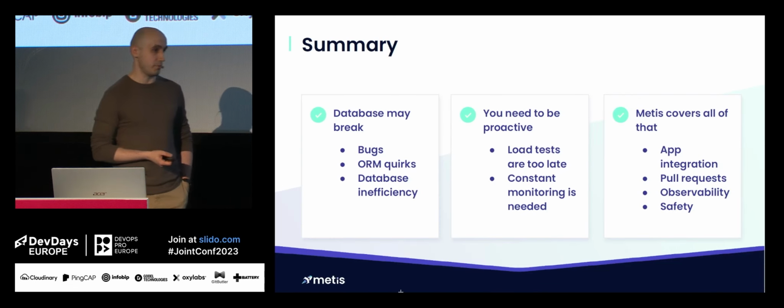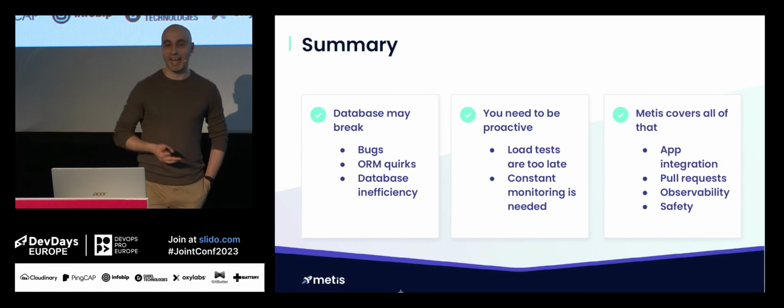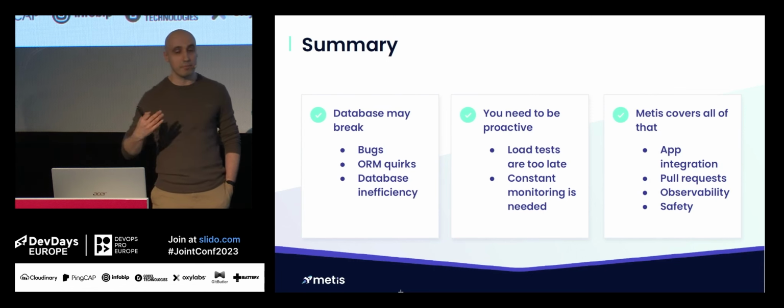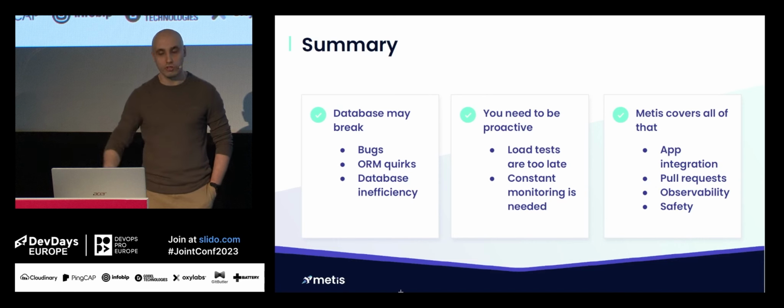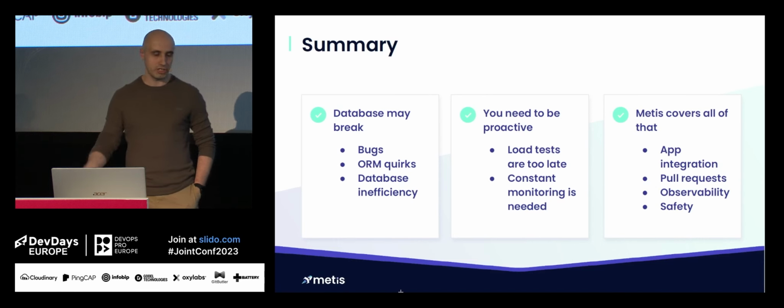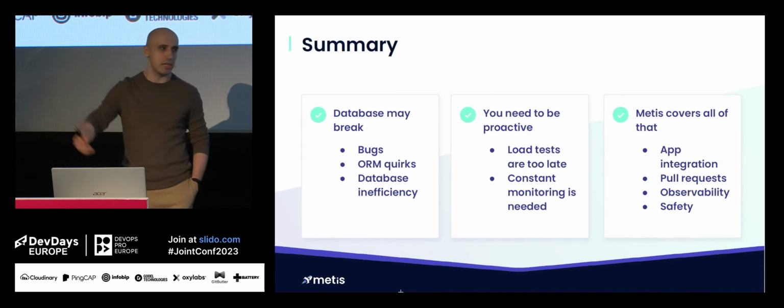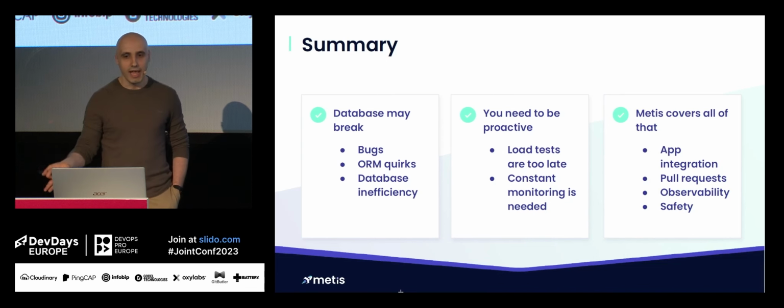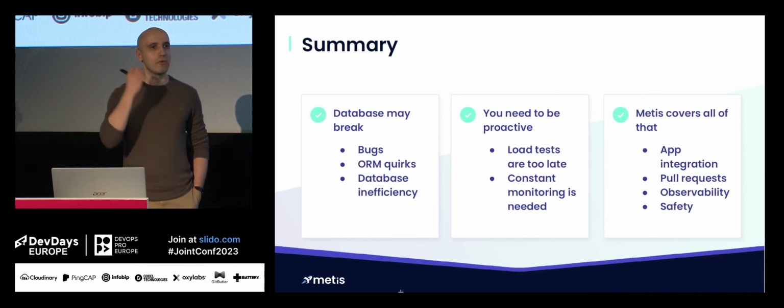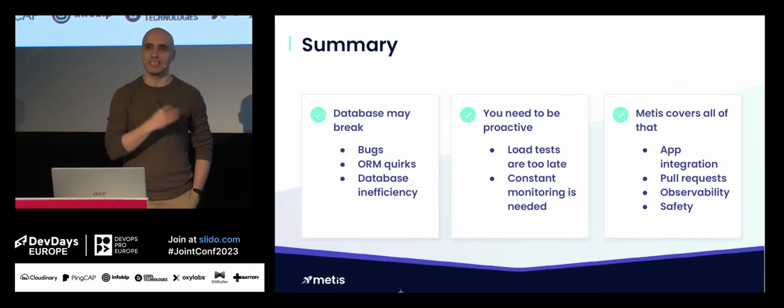So just to sum up, databases may break. Anything that is storage related may break today, may break over time, just because we change the configuration and whatnot. This may be because we have changed our application code, changed the ORMs, or whatever else. And we need to be proactive, right? Waiting for load tests is just inefficient.